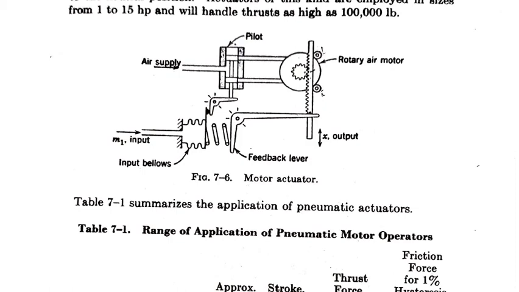Whenever the air pressure comes in this direction, this will rotate in the clockwise direction, which means this entire thing comes down. Then it comes back to the original position. Whenever the air pressure comes from the downside, this air motor will move in the anti-clockwise direction.